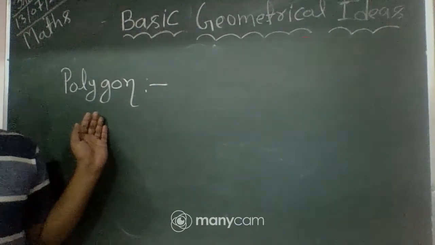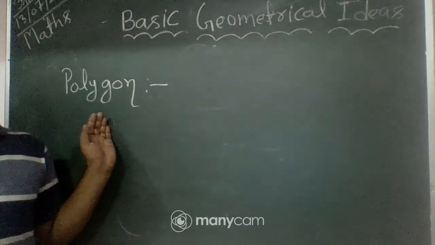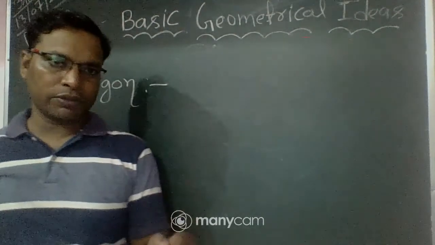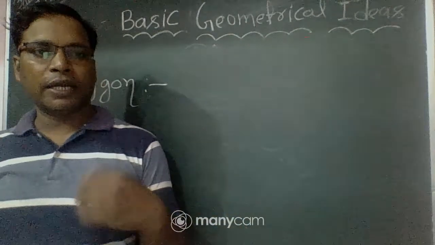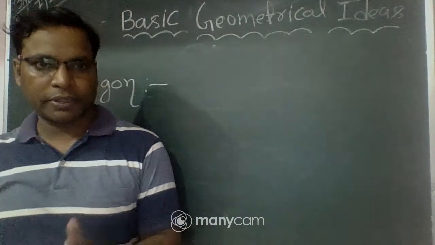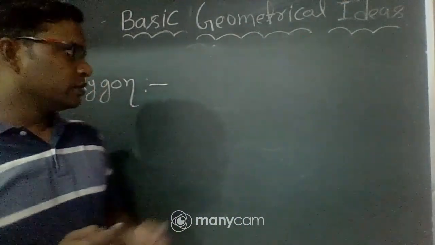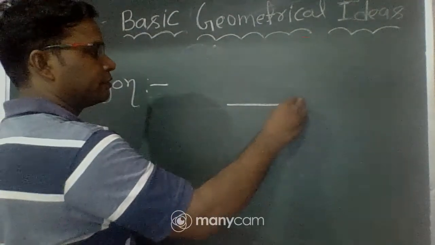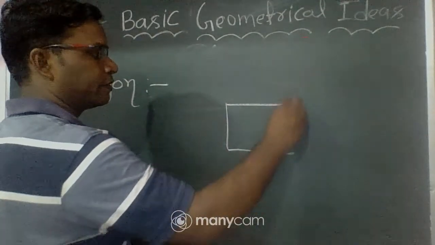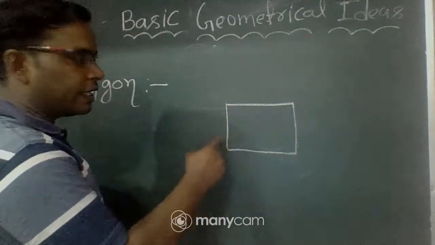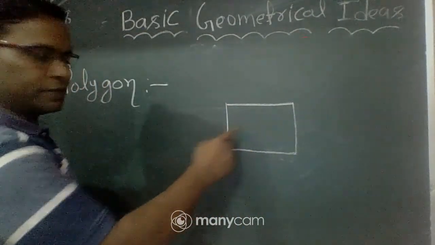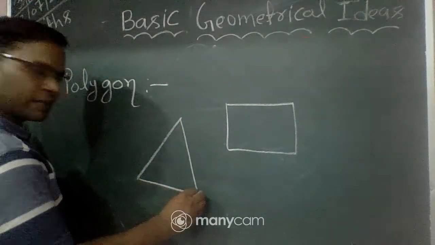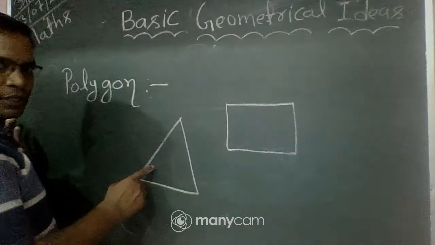A simple closed curve made up entirely of line segments is called a polygon. We know this is a simple closed curve, and it is made by line segments. So this is a polygon.